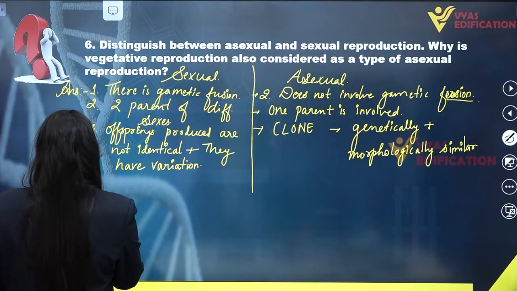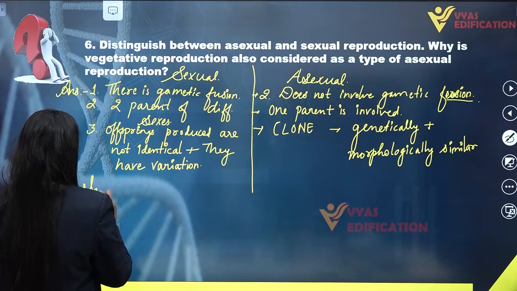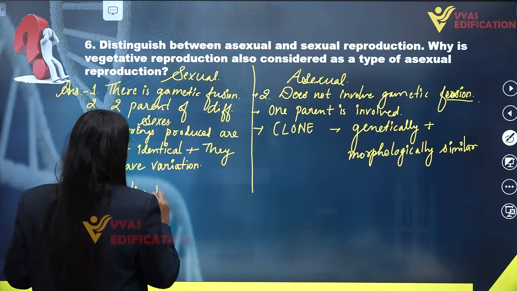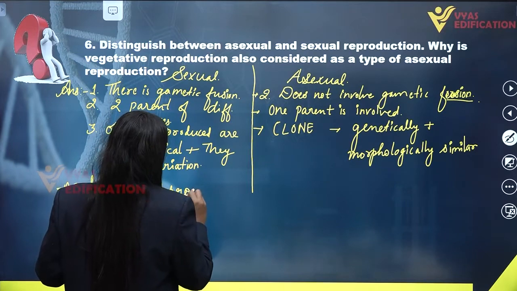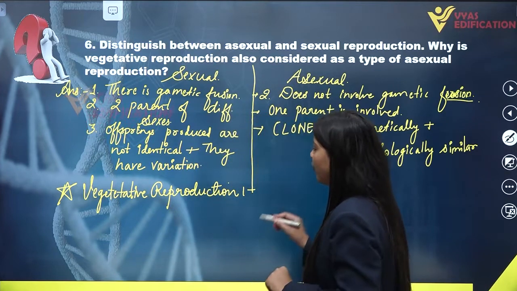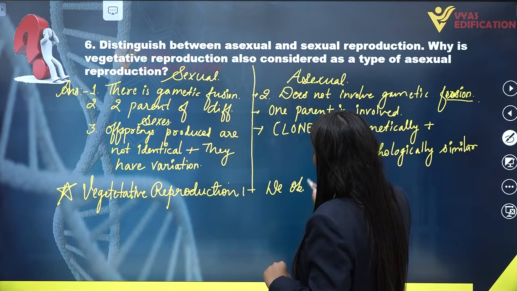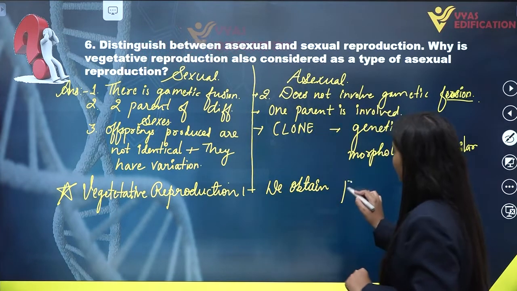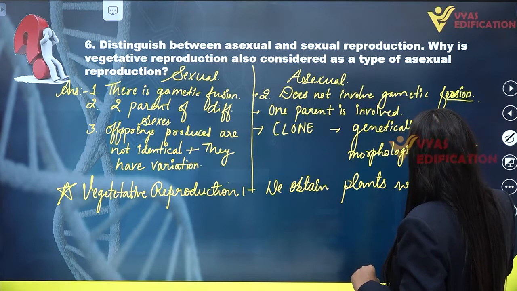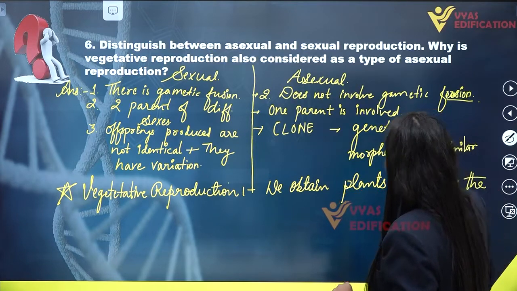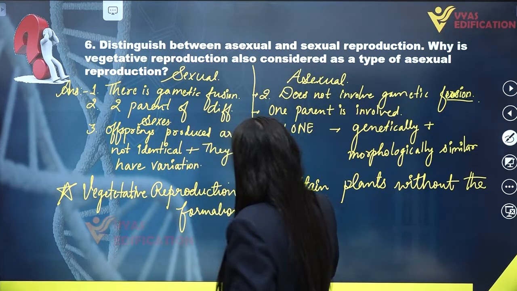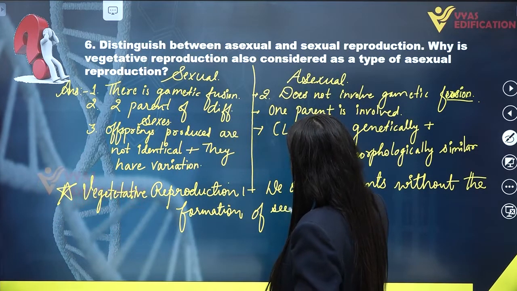Now we are going to talk about vegetative reproduction. Vegetative reproduction is a process through which we obtain plants without the formation of seeds or spores.